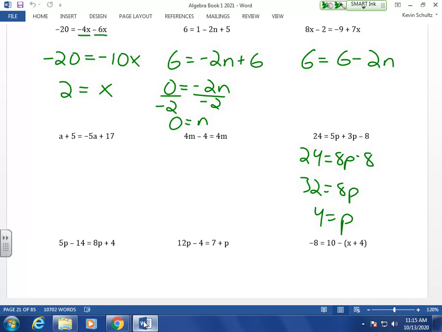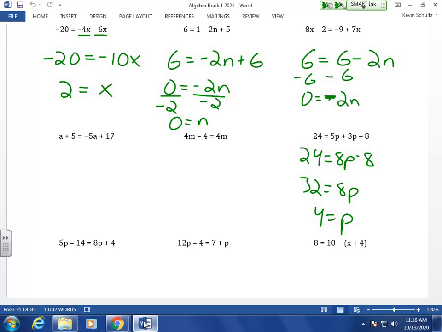The order doesn't really make a difference. So Soybean, you would still subtract 6 from both sides to get 0 equals -2n, and then from there you'd still divide by -2 and get 0. So the order that it's written in doesn't matter. Anything else?